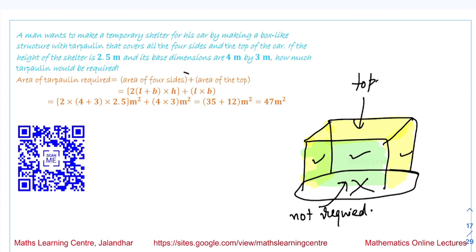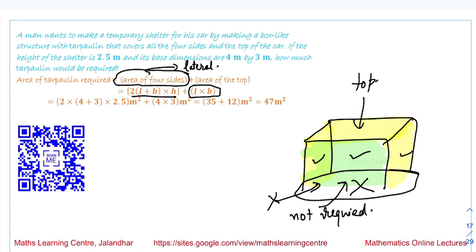The area of the four sides is 2 times L plus B into H. This is the lateral surface area, and the area of the top will be length into breadth. We do not require the cloth for the bottom part or the floor.